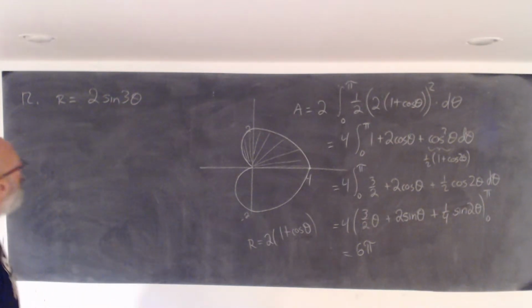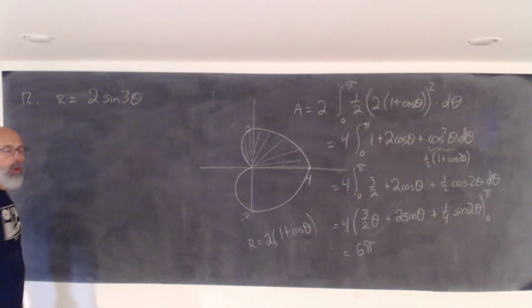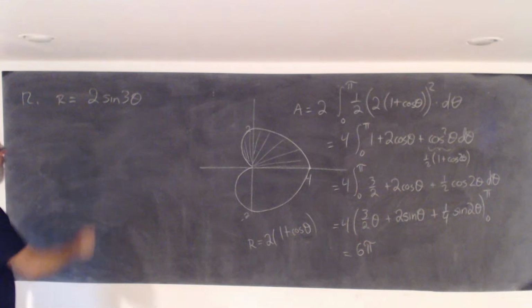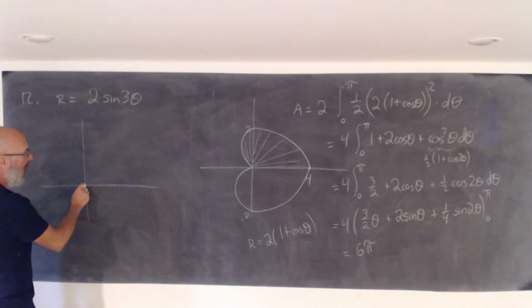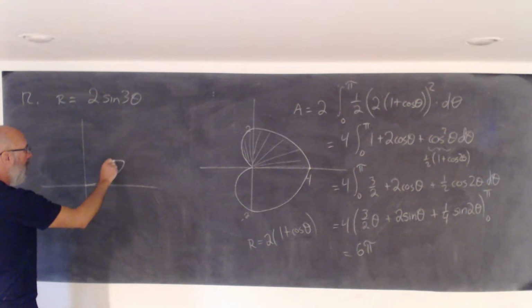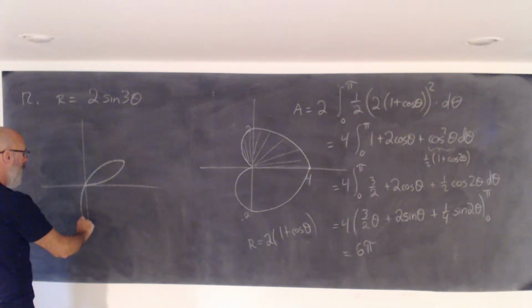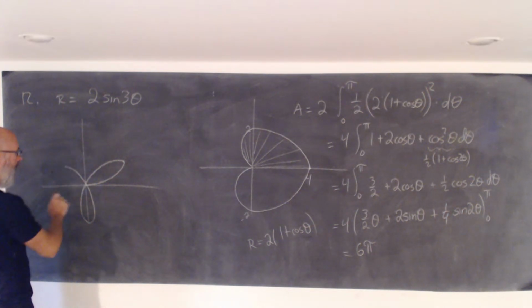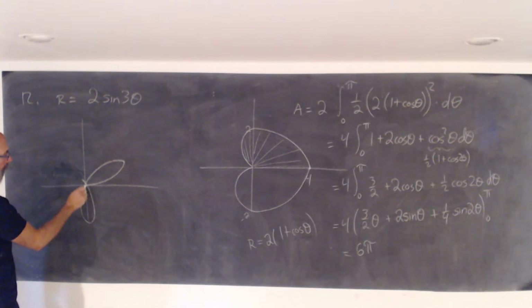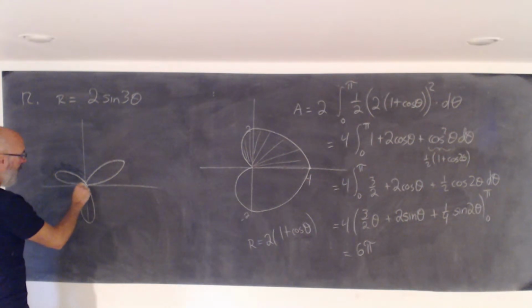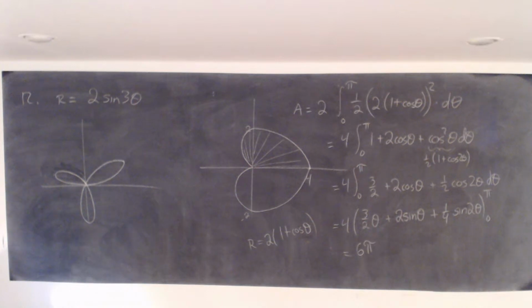Let's look at this quickly. I think we had already graphed this function earlier today, right? We saw that sine, if I remember correctly, had 3 petals like this. Well, it doesn't look good, but you know what it's supposed to be, right?